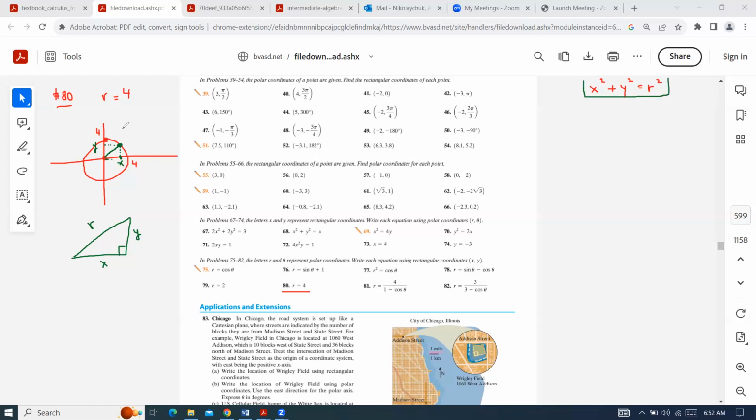And therefore, instead of r, I can put down the square root of x squared plus y squared, right? And this is equal to 4.